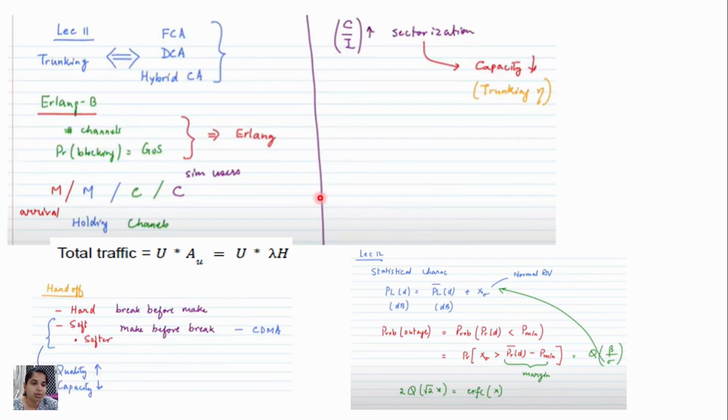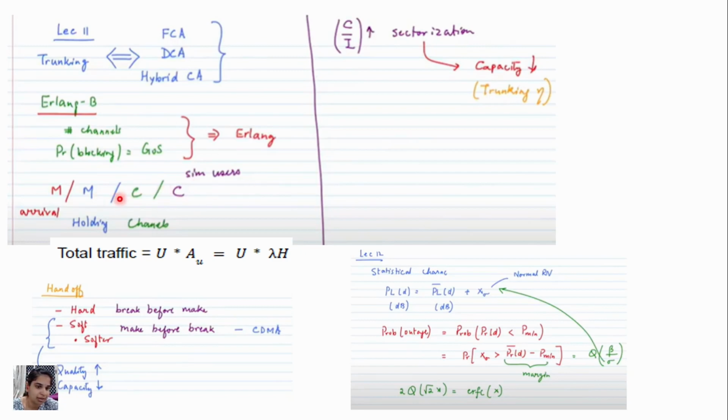And about trunking, basically what are the advantages of pooling all the channels together, like keeping them in a common pool? That was discussed, and the probability of blocking followed the Erlang distribution, with the M/M/C/C formulation: memoryless arrival, we don't have memory of the call arrivals, memoryless holding time, and a finite number of channels, so C channels and C simultaneous users.